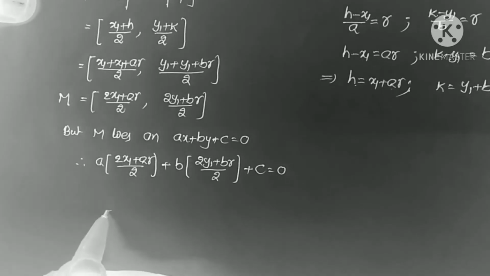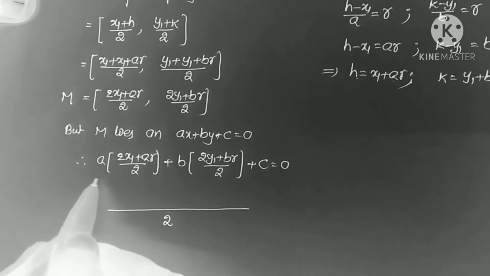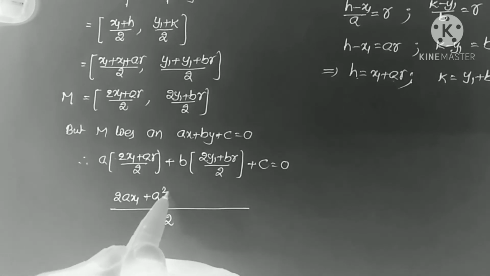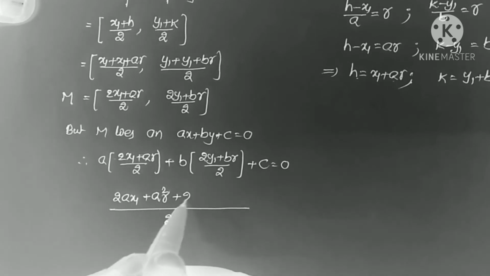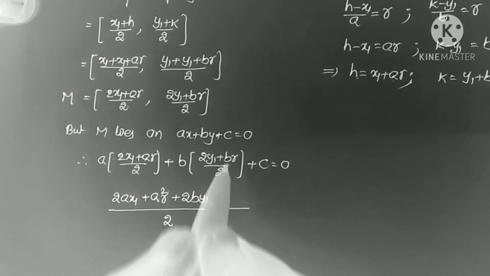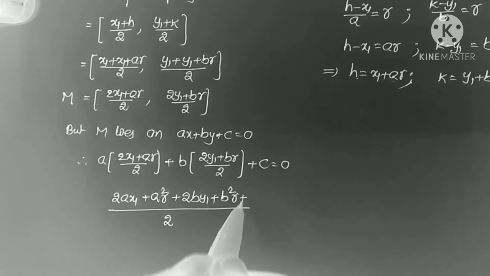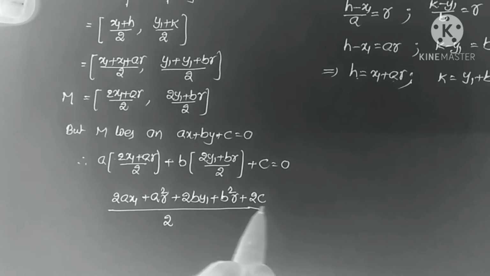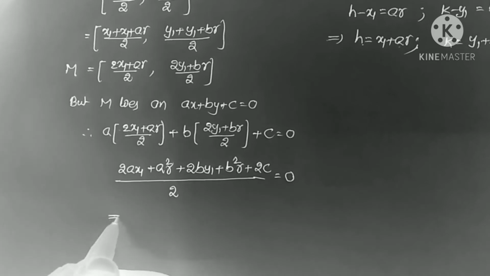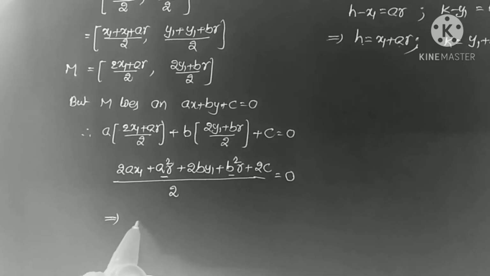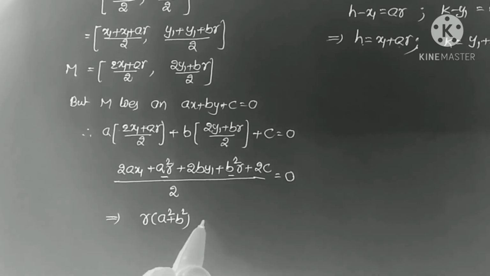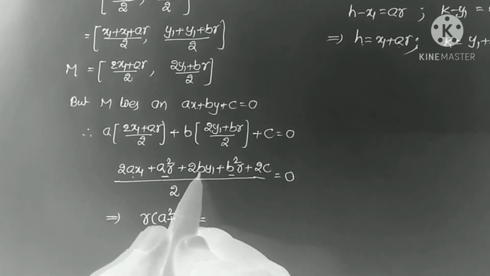In the next step we take the LCM. Here 2 is the LCM. First value: a into 2x1 gives 2ax1, plus a into ar gives a²r, plus b into 2y1 gives 2by1, plus b into br gives b²r, plus 2 into c gives 2c, equal to 0. Now 0 into 2 becomes 0, which implies a²r + b²r, taking r common, r(a² + b²) = −2ax1 − 2by1 − 2c.